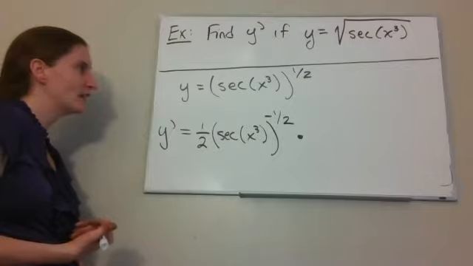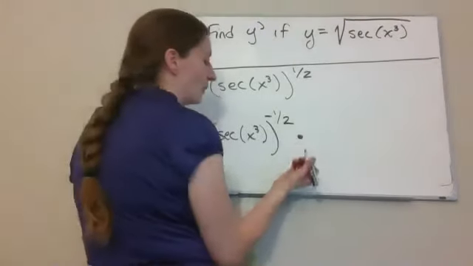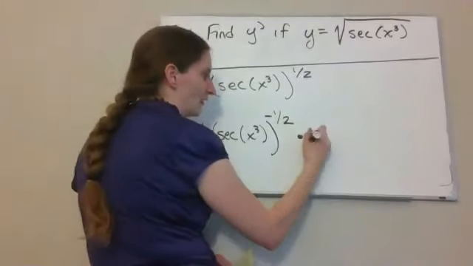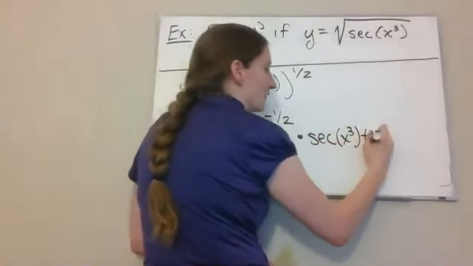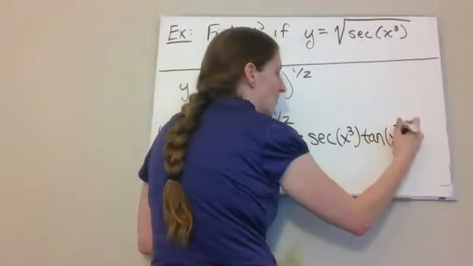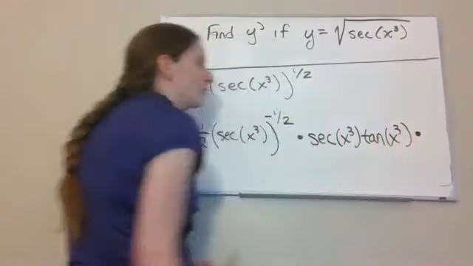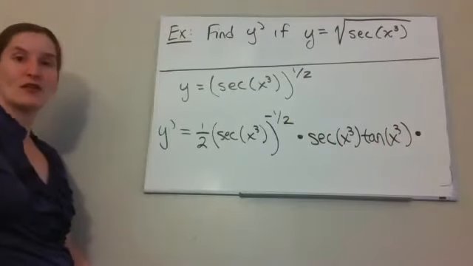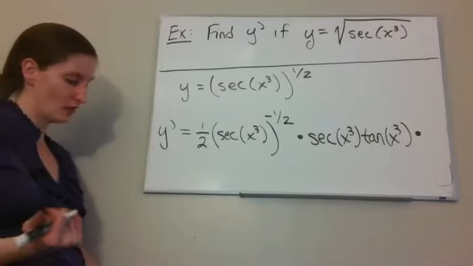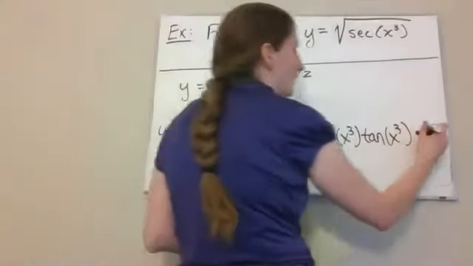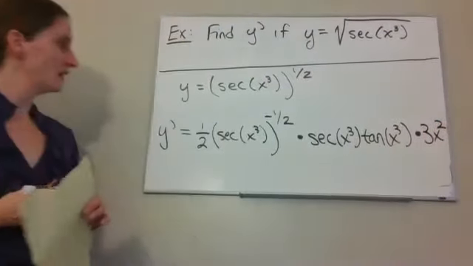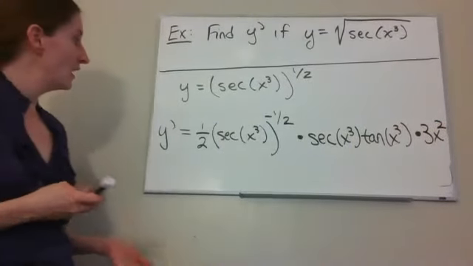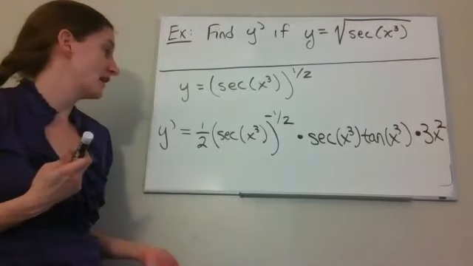Derivative of secant is secant of something times tangent of something. So I get secant of x cubed times tangent of x cubed. And then I multiply by the derivative of the next function. Derivative of x cubed is 3x squared.